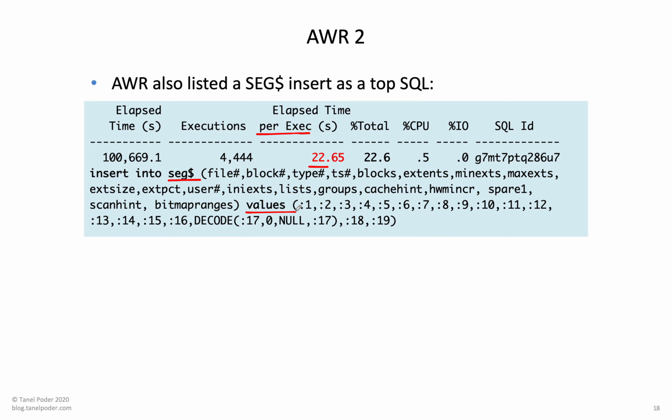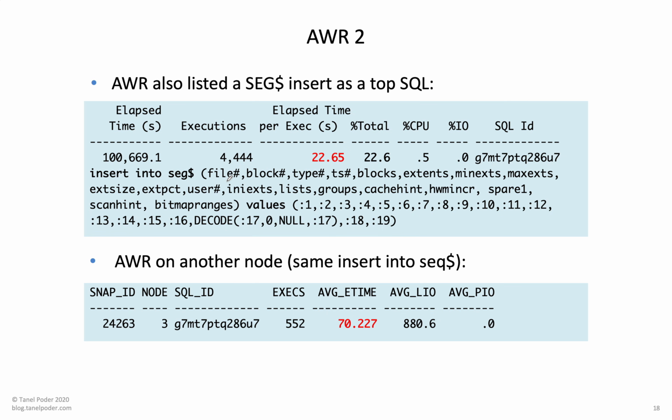And we kind of already have an idea because ASH told us that there is contention on this SEG$. So we couldn't modify because of the buffer busy waits and some ITL wait, right? And this is AWR on another node, and that's not from AWR. I think this comes from just V$SQL. So it's not even AWR. I think it's no, it is AWR. We queried it.